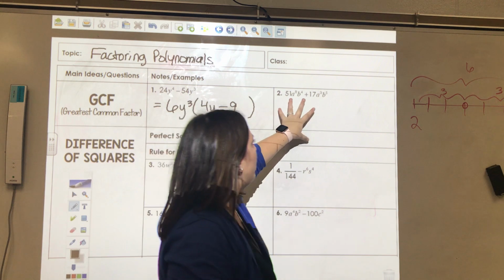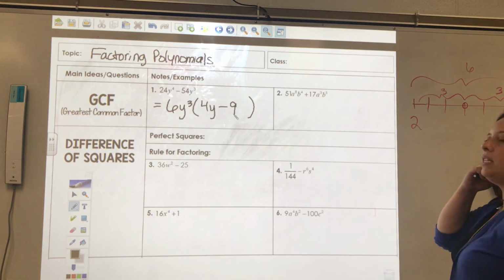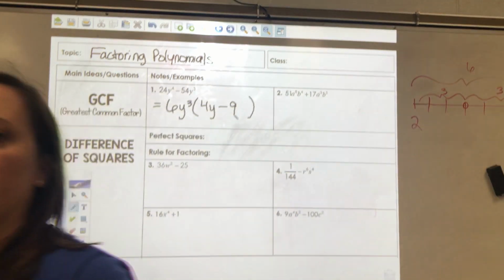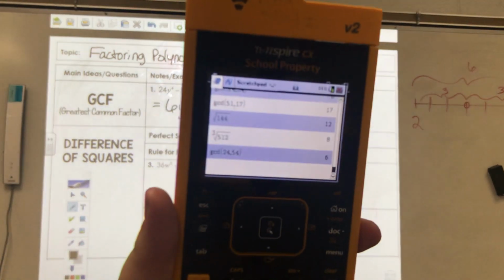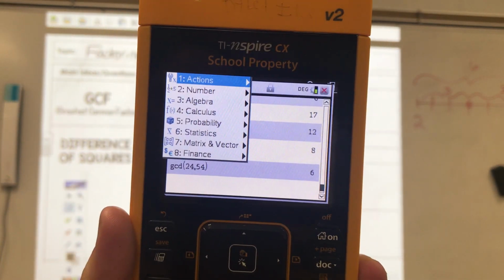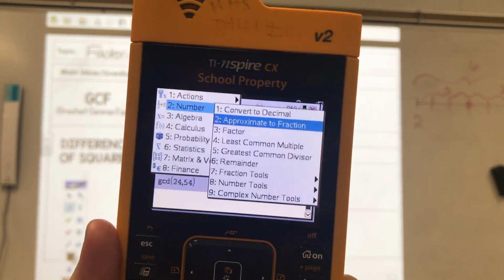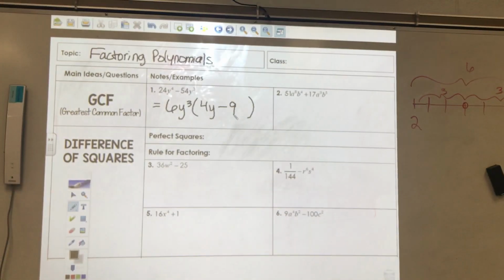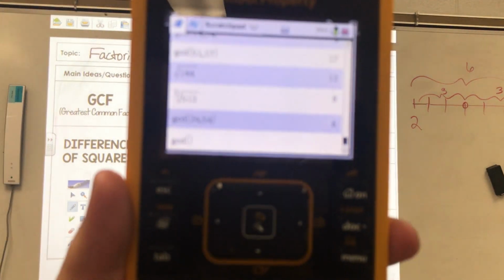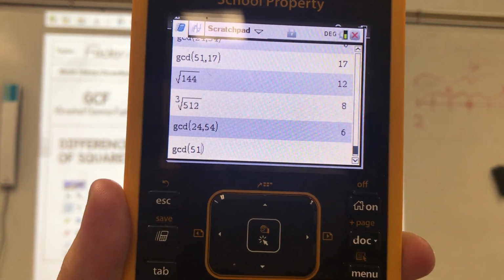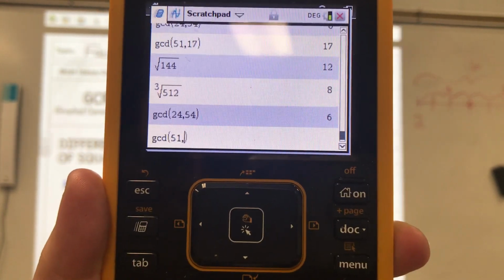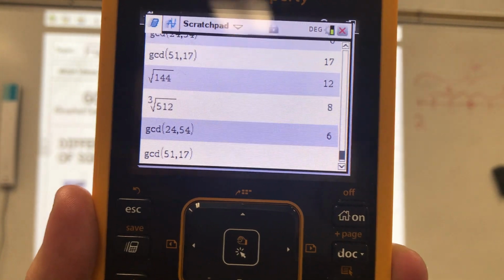All right, moving on to this one. So between 51 and 17, you would use your calculator, you would type it in. So you go menu, down to number, over, go down to greatest common divisor, between 51 and 17, 51, comma, 17, hit enter. 17 is the greatest common divisor.